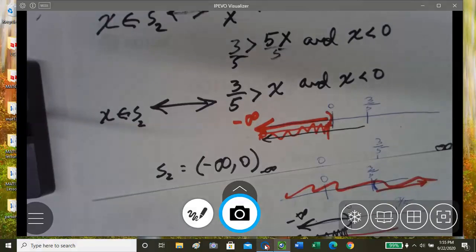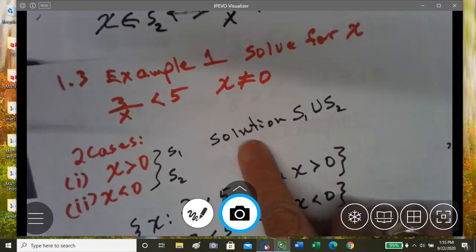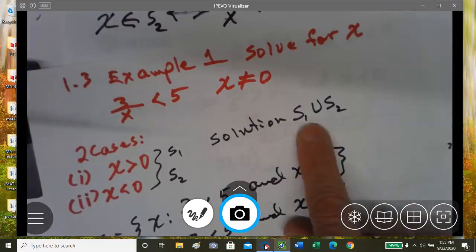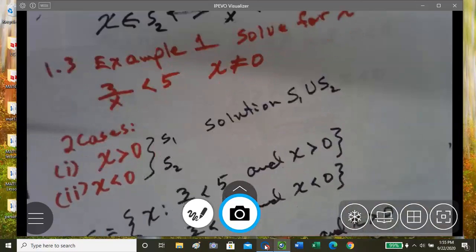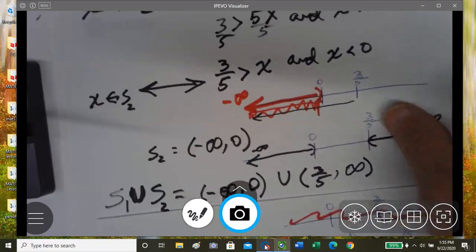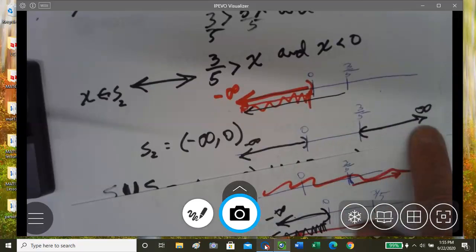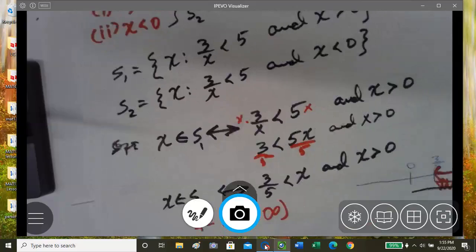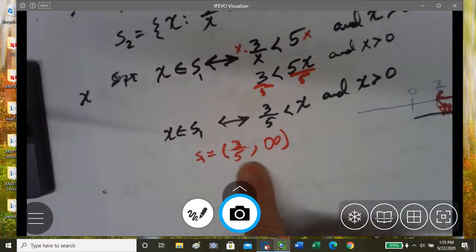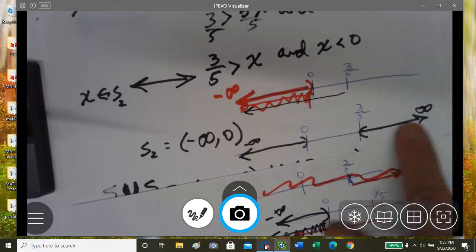And since we said before that our complete solution is S1 union S2, then on the number line, this is S1, that's what we had here, 3 over 5 to infinity, so that's that way.